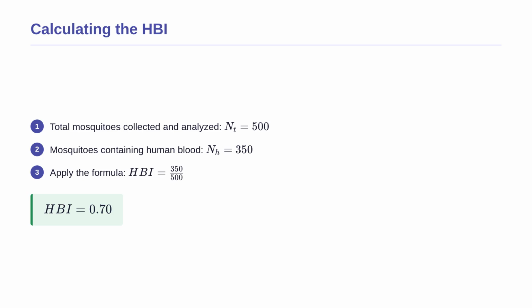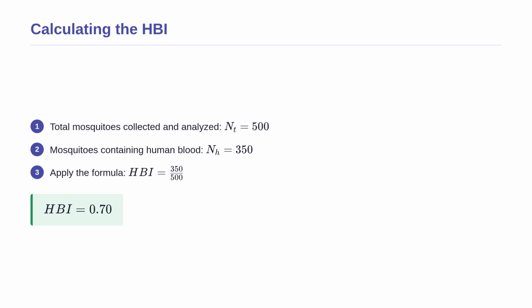Let us see this formula in action with a concrete example. Suppose a team of entomologists collects 500 blood-fed mosquitoes from a village. After running DNA tests, they find that 350 of them contain human blood. We are asked to calculate the human blood index. We choose our formula because it perfectly isolates the human preference ratio.